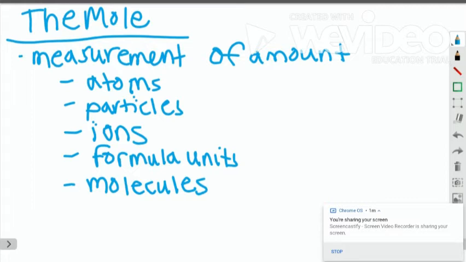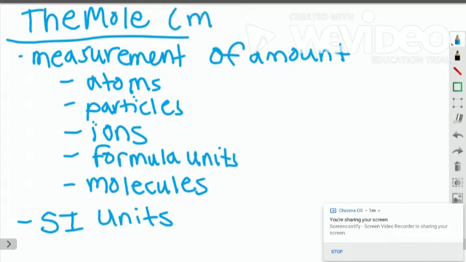So this measurement, the mole, is an SI unit. We talked about these at the beginning of the year. They are used around the world. So a mole is not just used in the United States, it's used in other places. It's a standard unit of measurement. And you can abbreviate the mole, MOL.